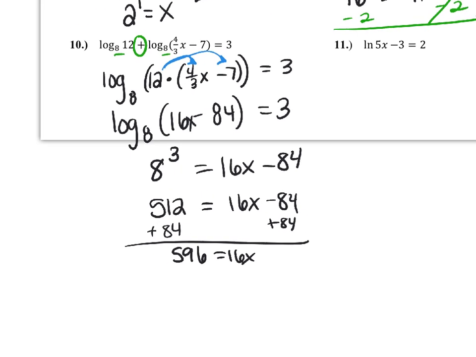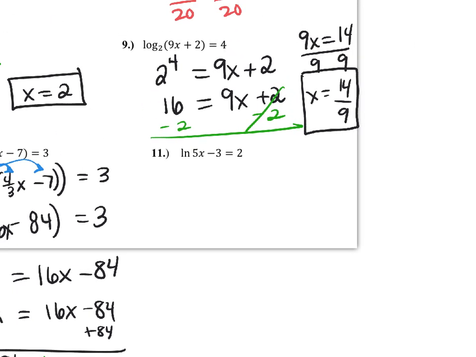And then last step, divide by 16 to get x by itself. And x equals about 37.25.